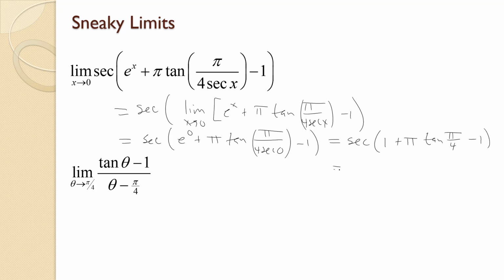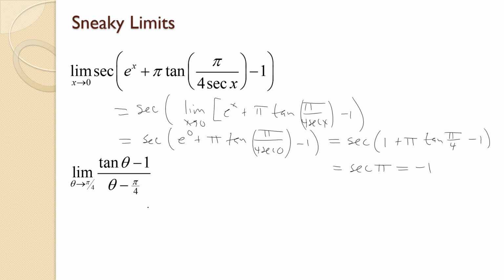And that would give you the secant of 1 minus 1, that cancels. The tangent of pi over 4, well, that's just 1. So you have 1 times pi. This is the secant of pi. And the secant of pi is negative 1. That's the answer. That's how to find that limit. That's because the functions are continuous, so you can just push the limit through all of it.